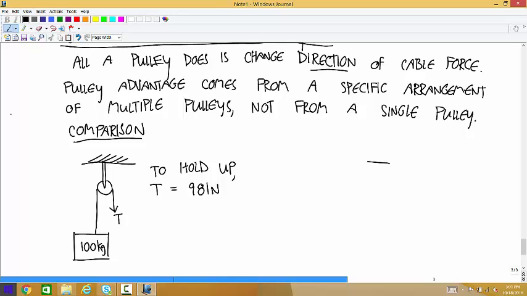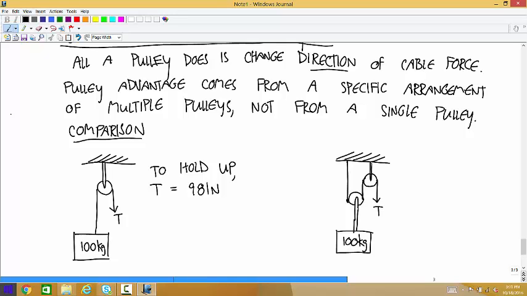So now let's do a similar setup, but this time the 100 kilogram mass is attached to a pulley that hangs from the cable. And another cable goes all the way through this system of pulleys.